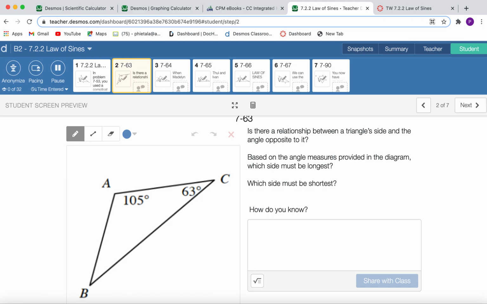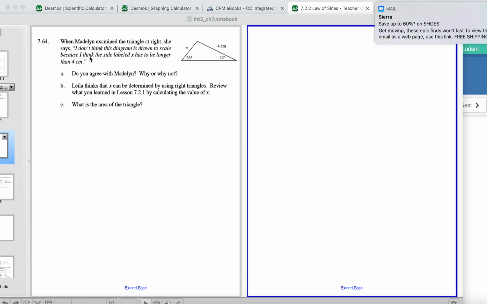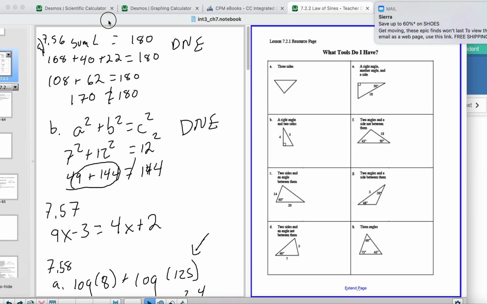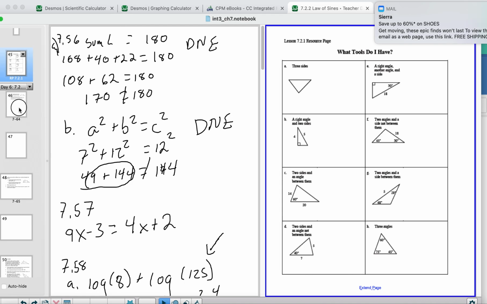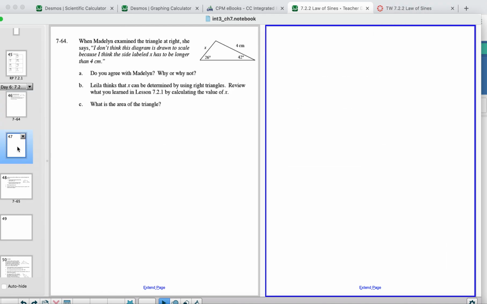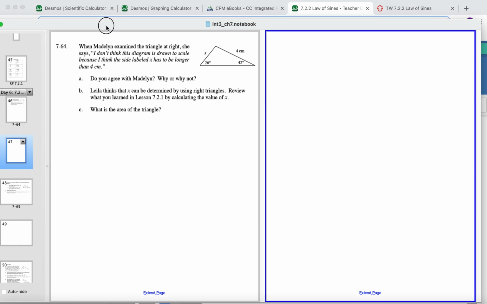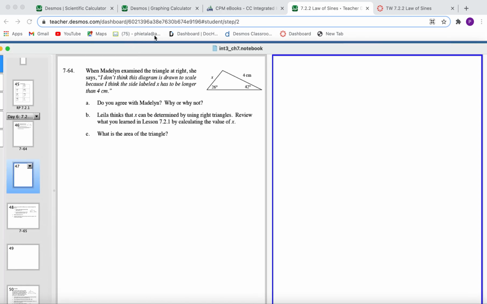And this is where I'm just going to switch pages slightly here. So I have the same problems, except that's a 764. Where's my 763?